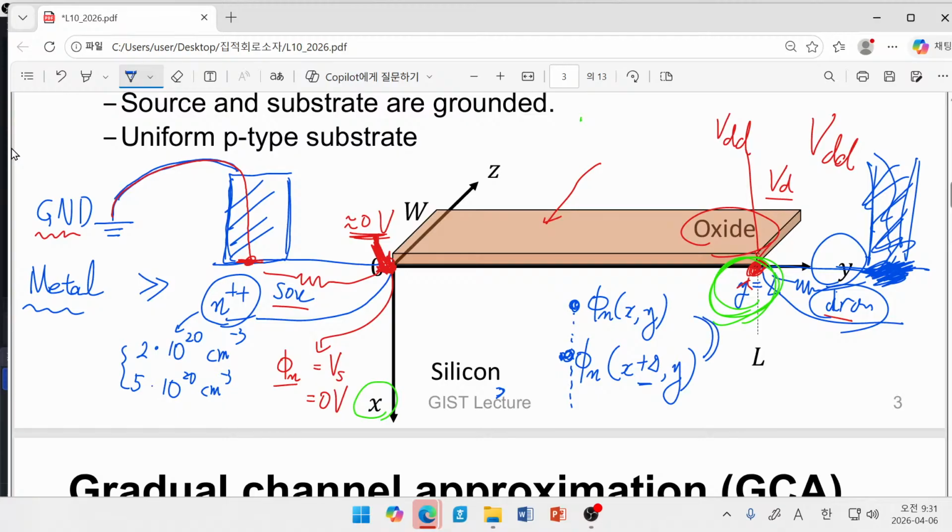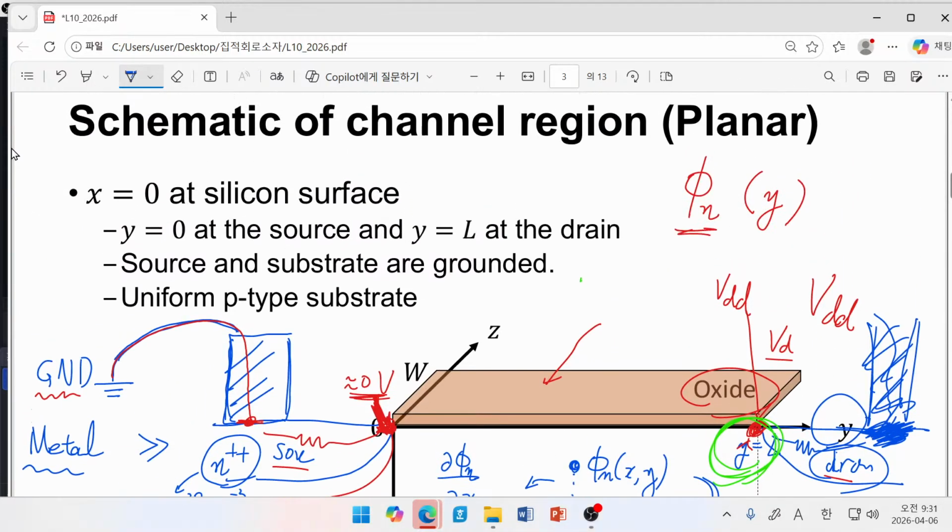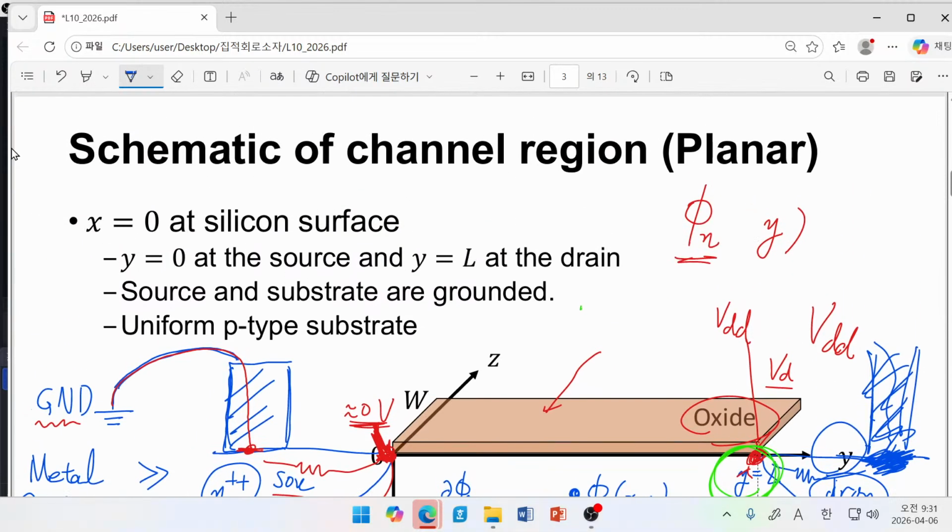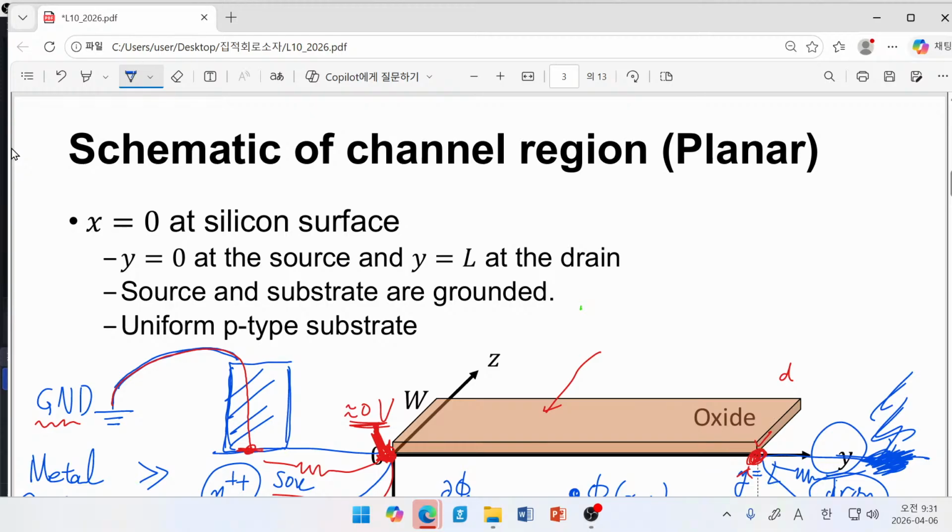We can allow a little difference. So it means that we now allow the gradient of electron quasi-Fermi potential with respect to the x-axis. Then I wanted to ask you this question: what is the consequence of this non-zero, non-vanishing gradient along the x-axis?